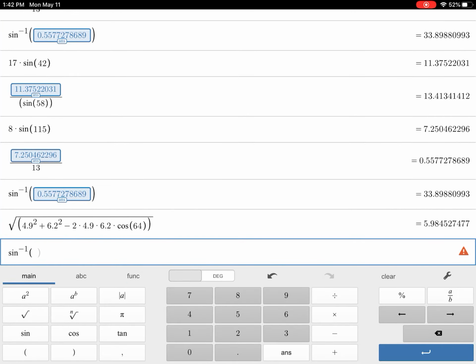Let's use our more accurate one until the final answer, and round in the final answer. And we do 180 minus 64 minus 47.43. Get the answer of 68.57.